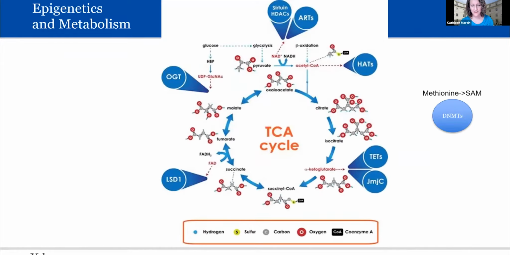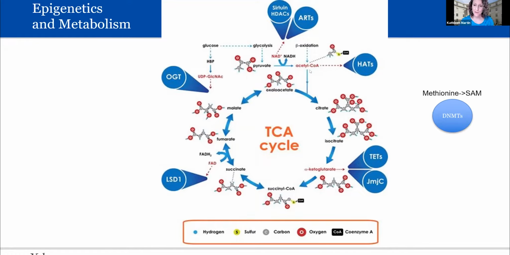And one of the reasons I find this mechanism so interesting is that epigenetic regulation is intimately connected to cell metabolism. In this way, you can connect the metabolic and energetic state of the cell to the DNA accessibility and gene expression program, because so many of the cofactors and substrates for these epigenetic enzymes are direct metabolites of the TCA cycle or other important metabolic processes in cells.